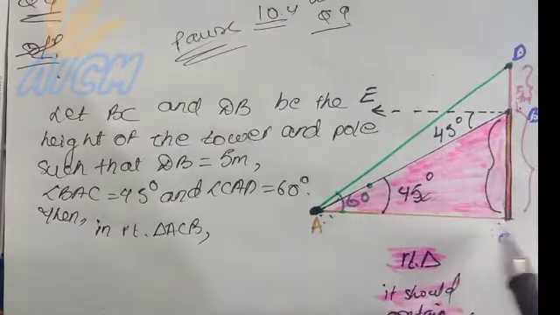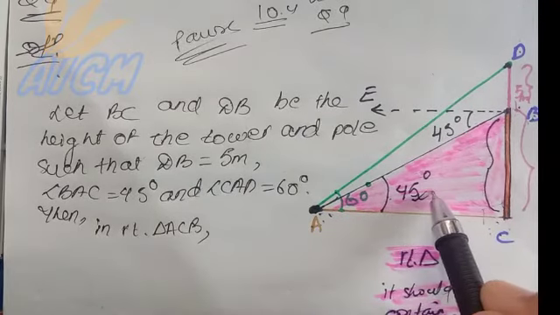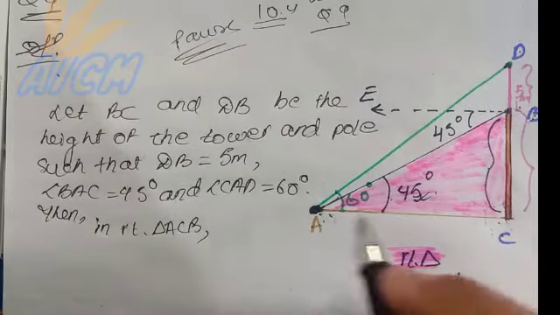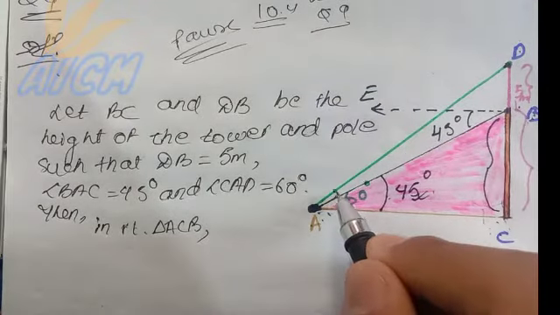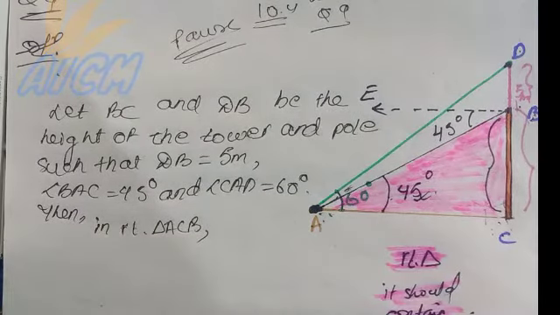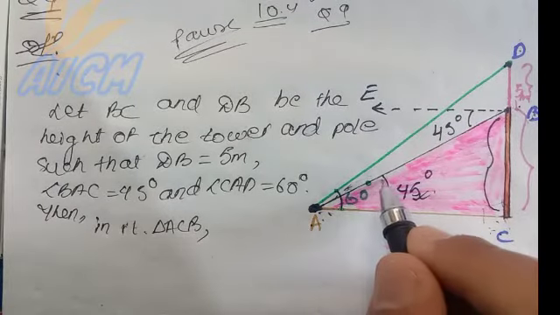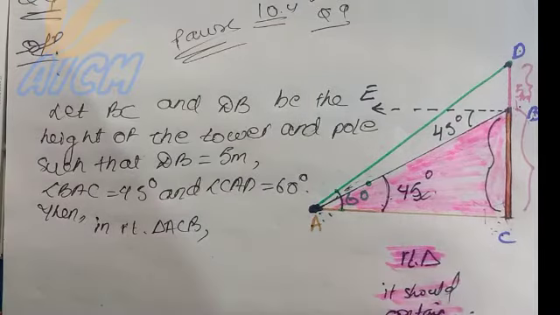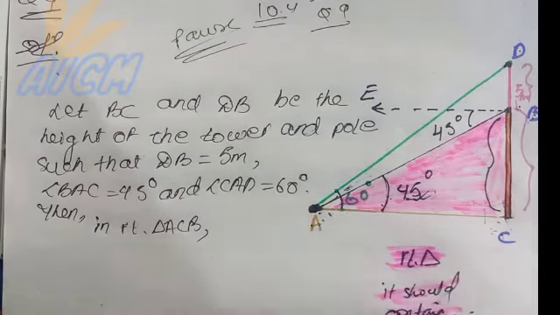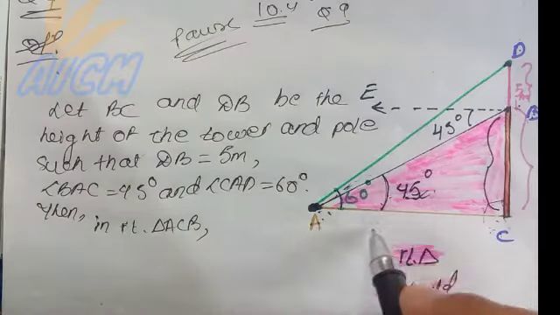In triangle ACB, other than 90 degrees, the only angle we have is 45 degrees, right? 60 degrees is not in ACB, because 60 degrees is for the whole angle A. It includes this also, but in ACB we are talking only about this. So there is only one angle, that is 45 degrees.